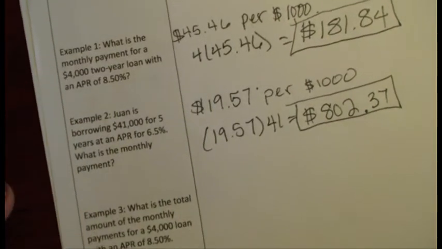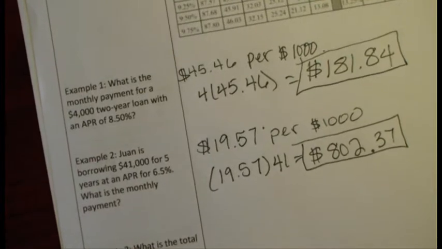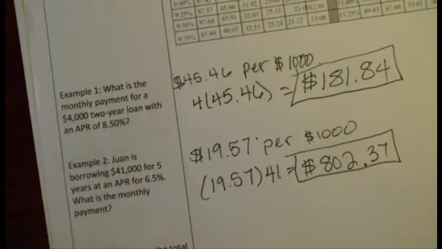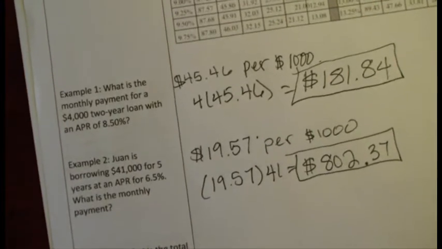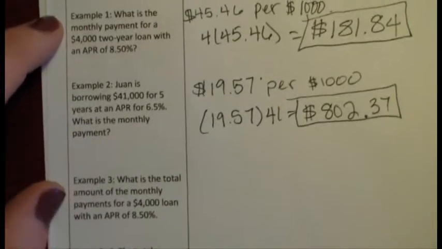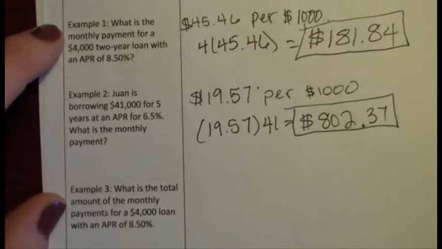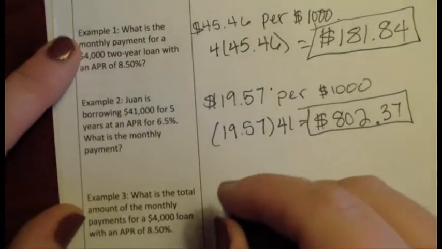All right, example 3, what is the total amount of the monthly payments for a $4,000 loan with an APR at 8.5%? This is basically the same setup from example 1, which we've already calculated. The monthly payment was $181.84.